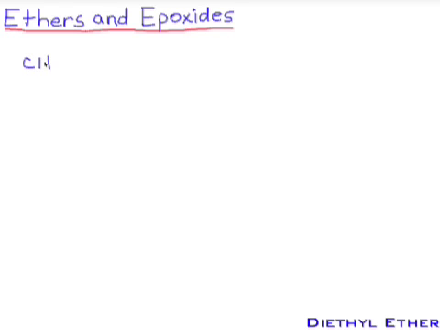is a reaction of ethanol with sulfuric acid, H2SO4 at 0 degrees C. The acid actually makes ethyl hydrogen sulfate.